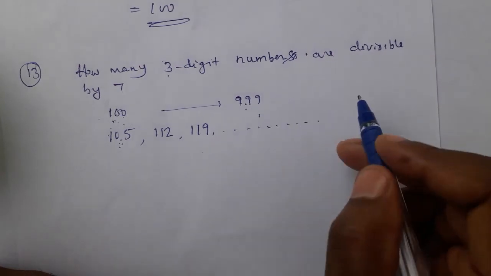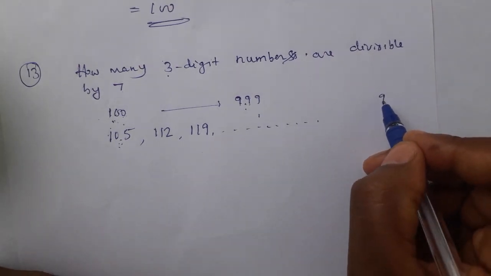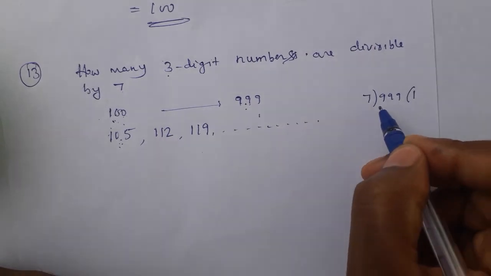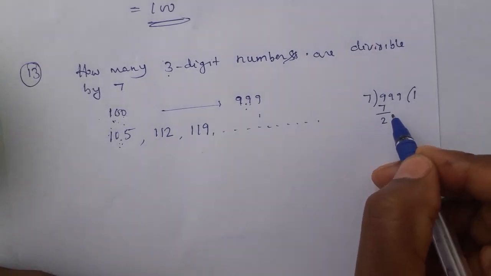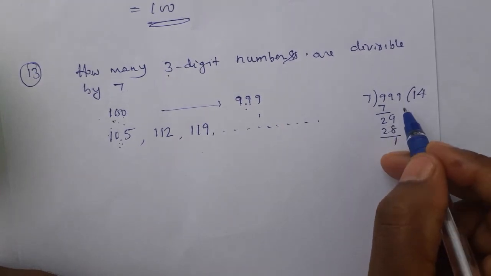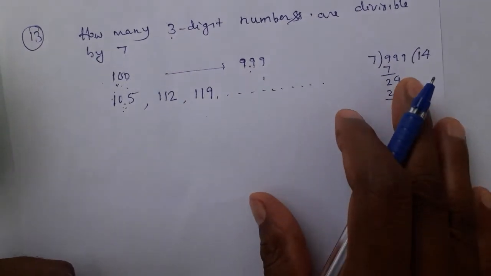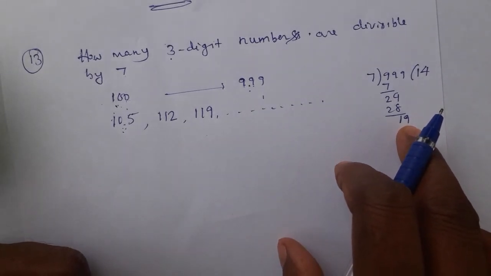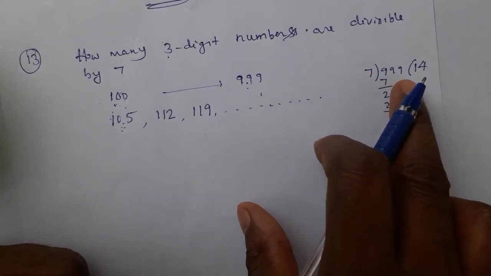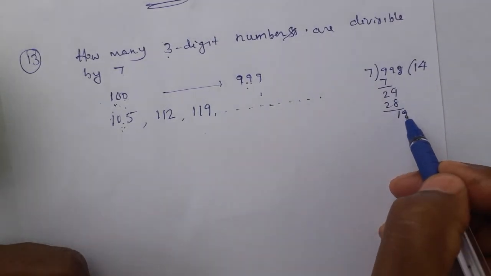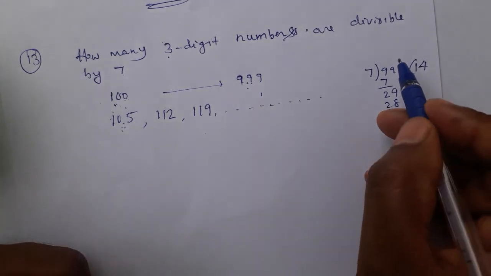Then go for the last number and check whether 999 is divisible by 7 or not. 7 ones are 7, 7 fours are 28, remainder 1, 9. So the remainder is 19, sorry, it should be 14, and 19 is not divisible by 7. Therefore 999 is not divisible. Now go to 998: we get 18, not divisible.